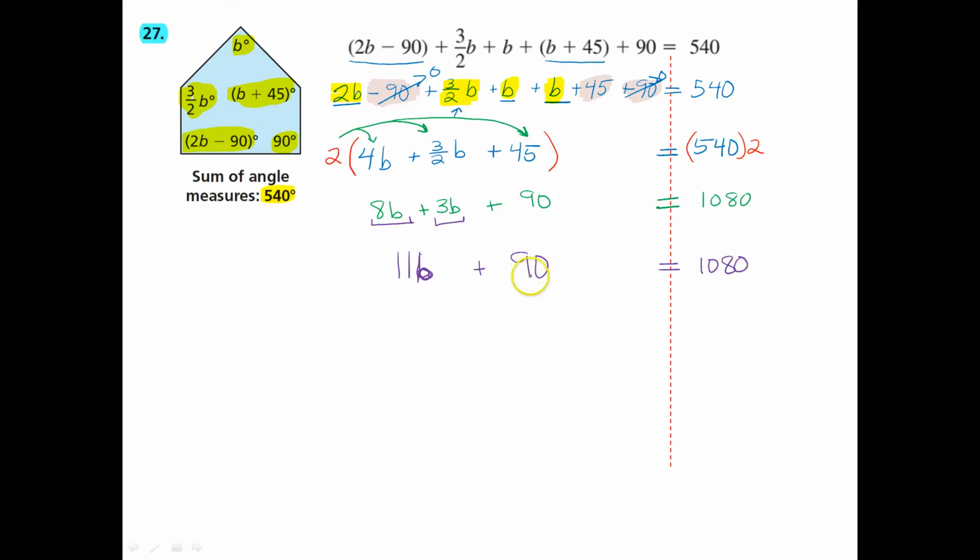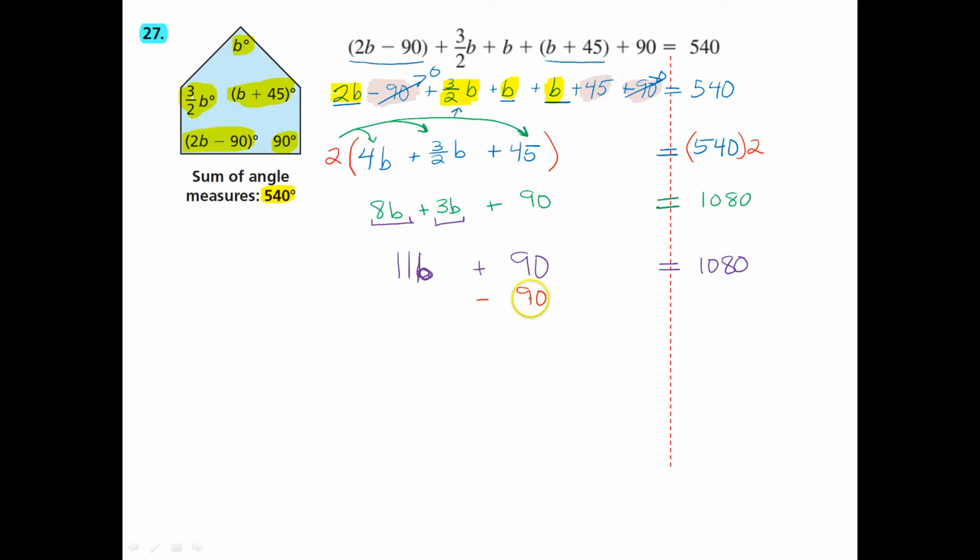So we need to undo some operations here. So here's our variable b. We're multiplied by 11, and we're adding 90. And we undo addition and subtraction before we undo multiplication and division. So let's undo the plus 90 that's hanging around our variable. The opposite of plus 90 is minus 90.